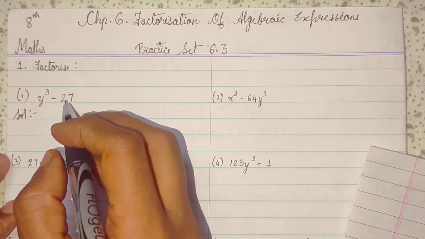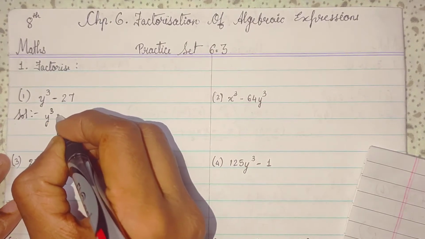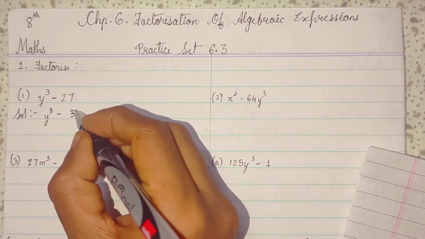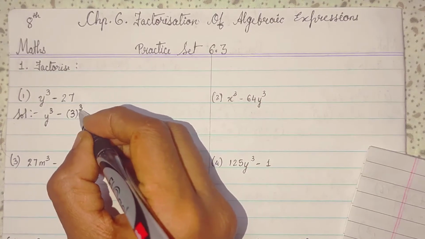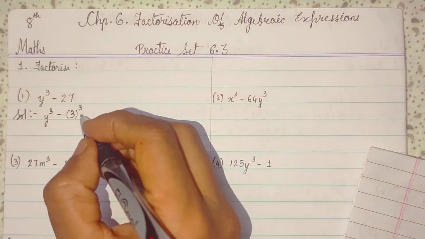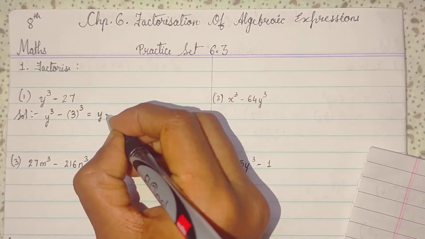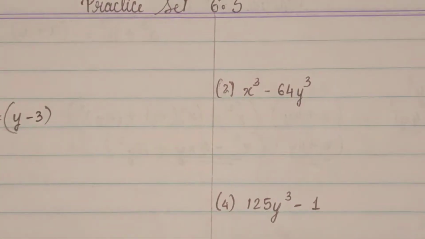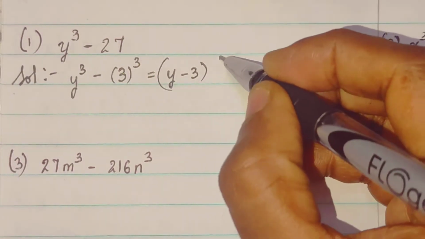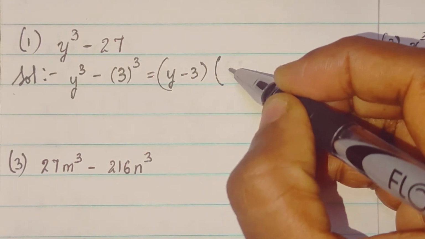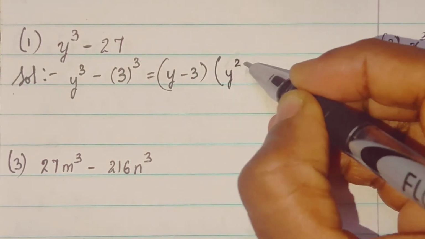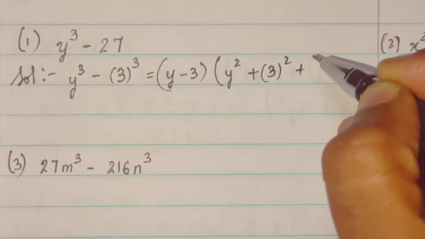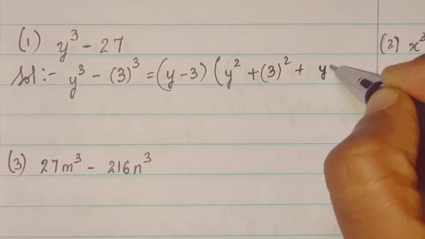y cube minus 24. So y cube and 27 is cube of 3. 3 3s are 9, 9 3s are 27. So by using the formula we will write y minus 3 and then y minus 3 and then y square, like the first one is a, so y square plus b square, plus a into b.